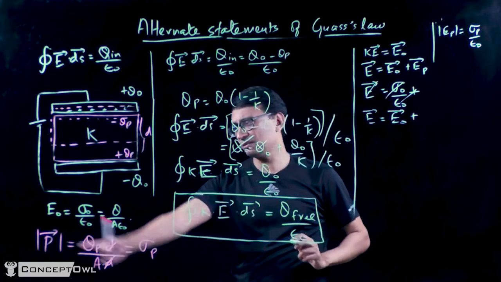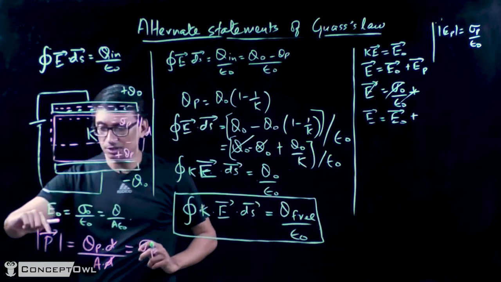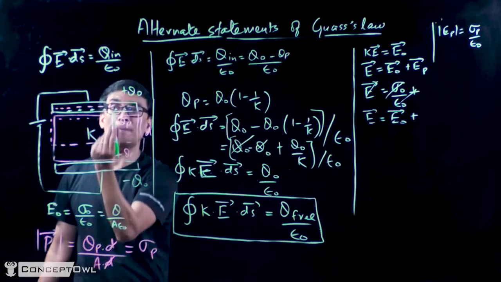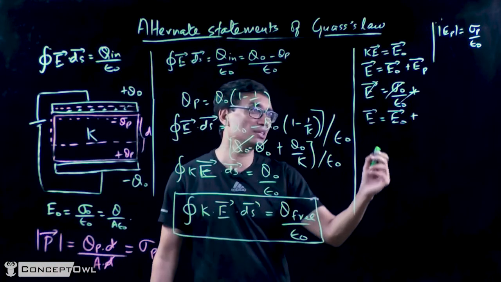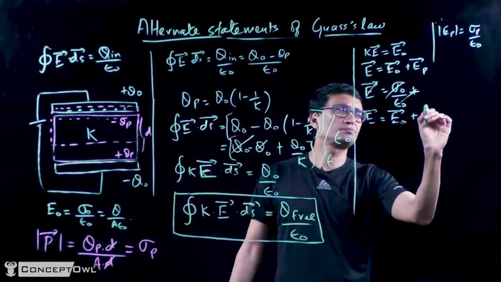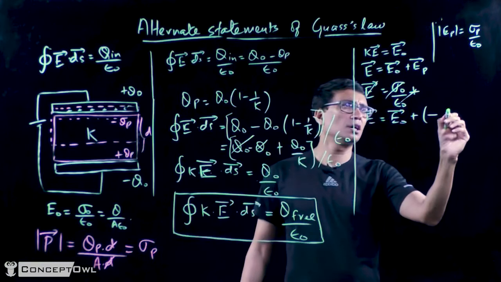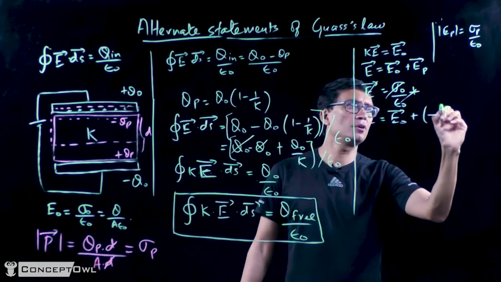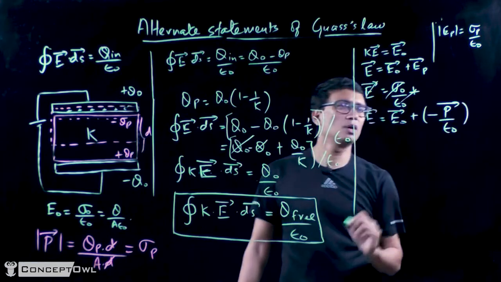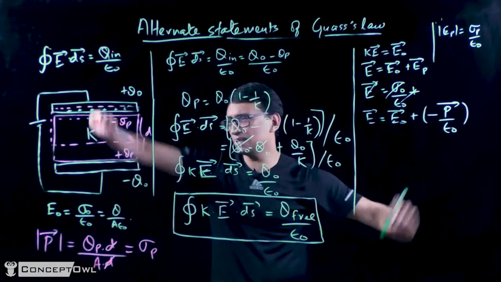Now we know sigma P, its magnitude, is equal to P. But what is the direction? The dipole moment goes from negative to positive, but the field is going to be upwards. So we can say that this field EP would be nothing but minus P upon epsilon naught. Why is that? Think again. This vector P is in the downward direction.